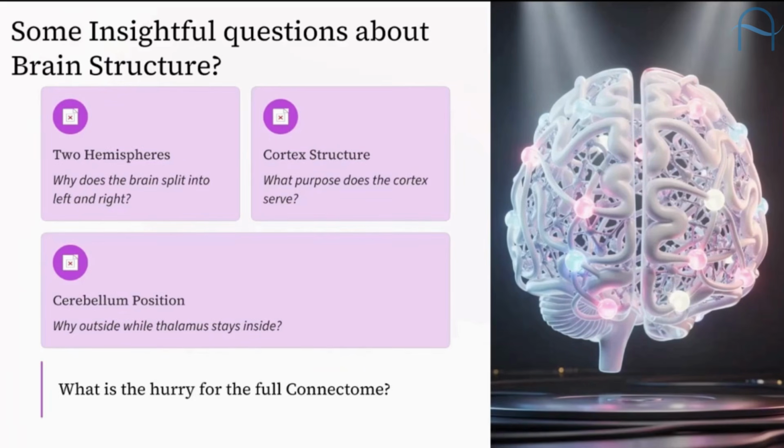But in addition to that, you have this sheet of cells surrounding the entire brain surface. Why is it like that? Why did nature evolve the brain and shape it on those lines? And similarly, most brain structures are inside these two hemispheres, except for one exception, the cerebellum, which sticks out of the brain from behind, near the nape of your neck. Why is it like that?